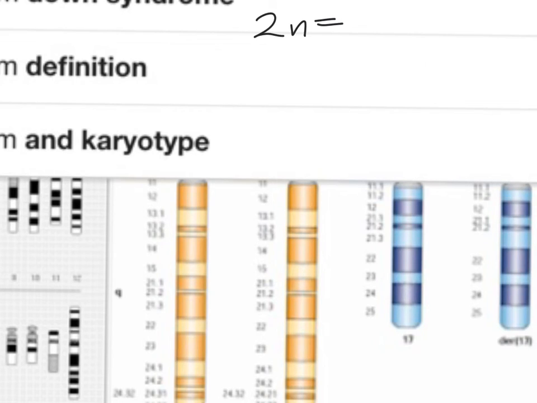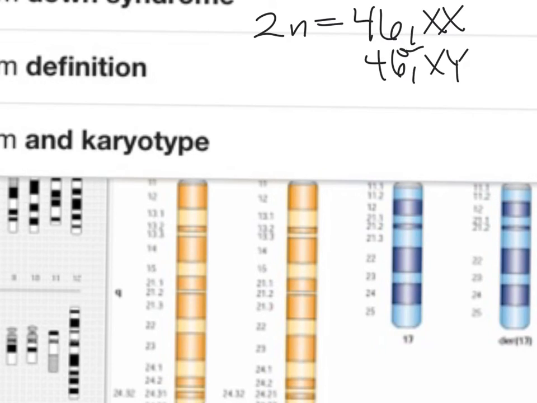During interphase, this individual should have 46 chromosomes, either 46XX or 46XY. What's different about this karyogram? Are there 4 molecules of every chromosome? This is 1 double helix, 2 double helices, 3, 4 for chromosome 1.